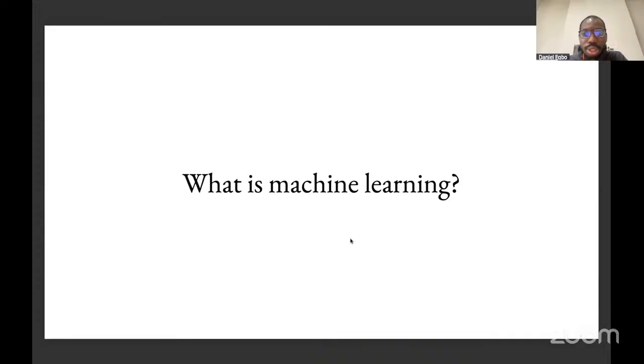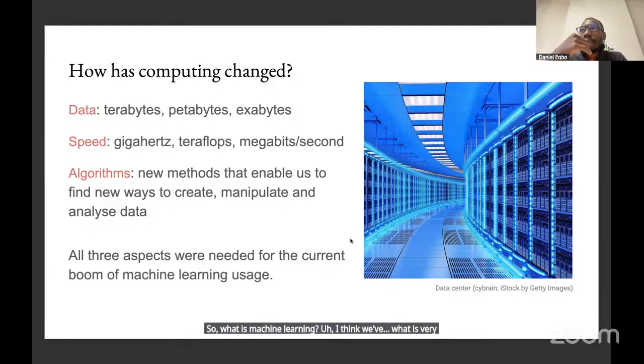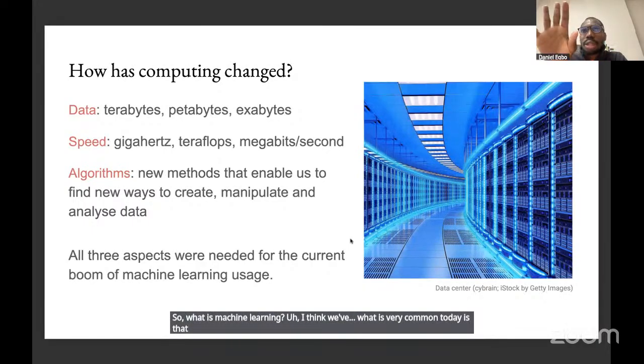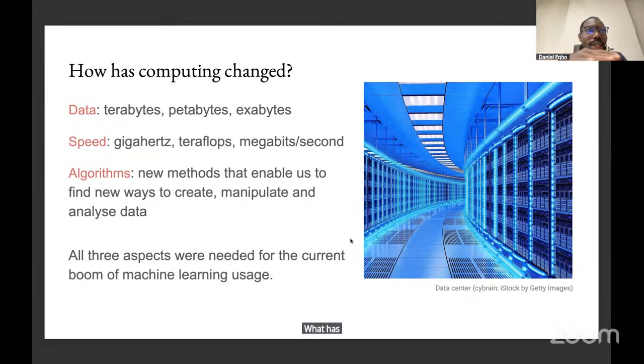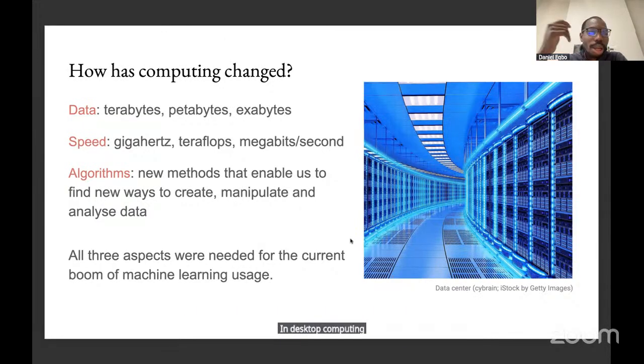So what is machine learning? What is very common today is that, over the years, with the development of computers, the computer became a household item. Everybody is going through some form of computing infrastructure, whether a personal computer, a desktop computer in your workplace or at home, a laptop, or even your mobile phone.